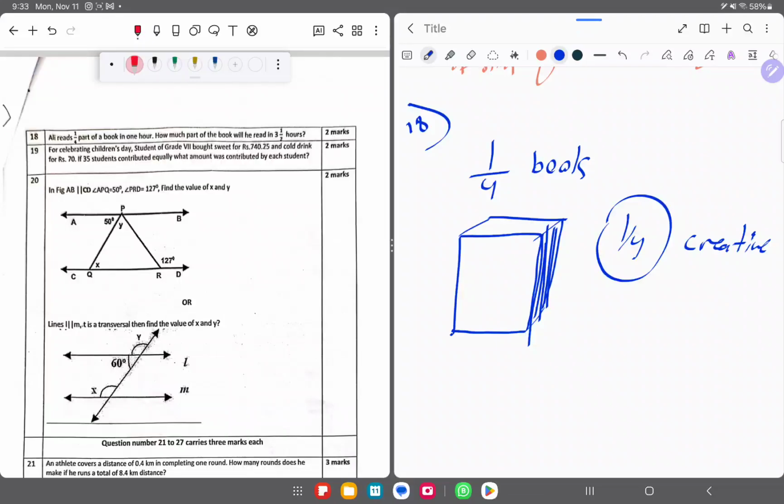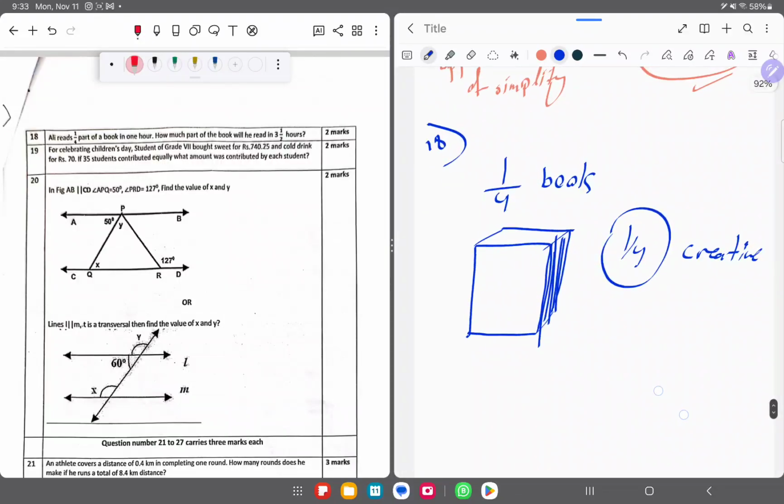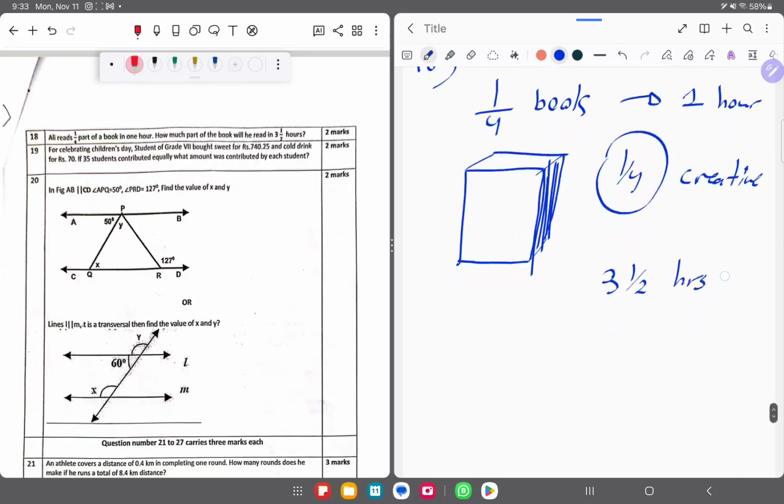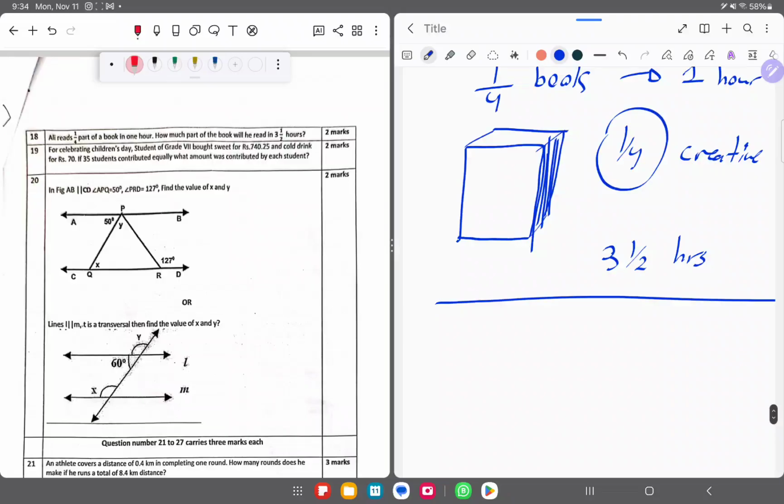Over here, how much parts of the book will he read in 3.5 hours? 3.5 hours. So 1 part of the book in 1 hour. Again, I need you to show this.